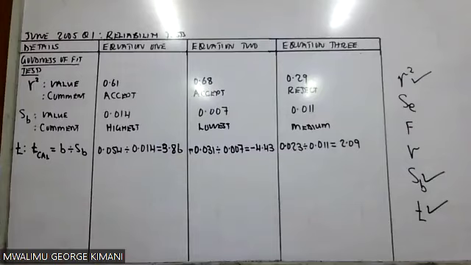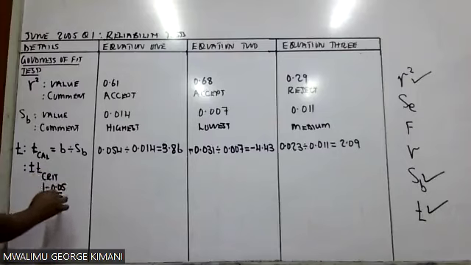So now from there, we have to get what we call plus or minus T critical. And this one, we are getting it at 95%, at 1 minus 0.05 out of 2, 95%.